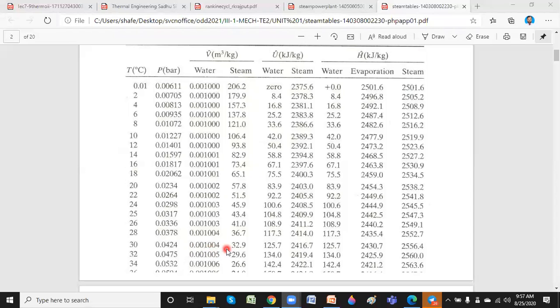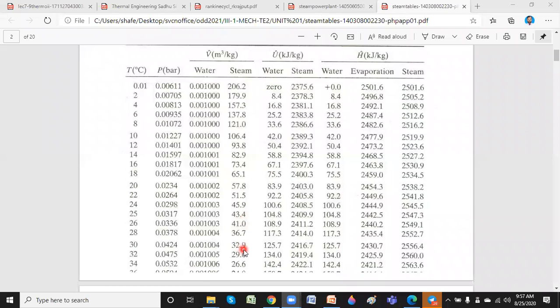That is a very low volume because it's a liquid. And at 30 degrees centigrade, Vg indicates it's vapor or steam. Because vapor or steam occupies more volume, at 30 degrees centigrade the vapor occupies a volume of 32.9 meter cube per kg. Understood now? Right? So these are the volumes.